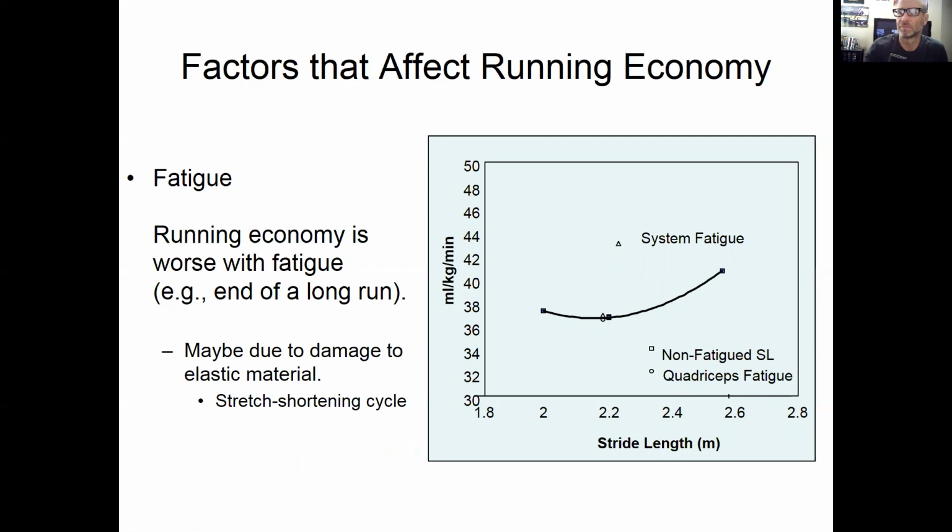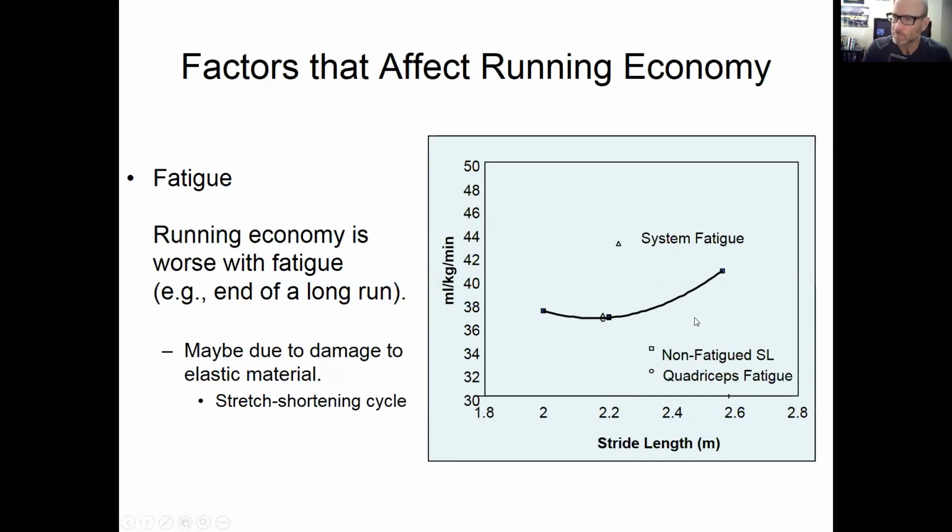So let me show you some data here. This is rate of oxygen consumption on the y-axis. This is stride length on the x-axis in meters. This is the preferred stride length right here. These are data from my dissertation, where in the square boxes, in a non-fatigue state, I had people run the same speed but with a longer stride length and with a shorter stride length.